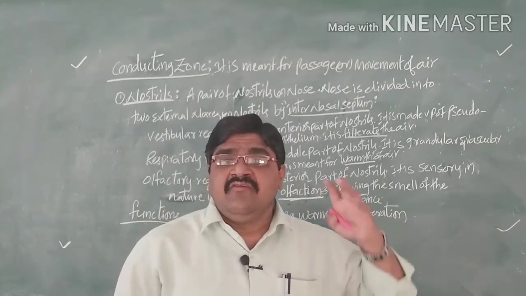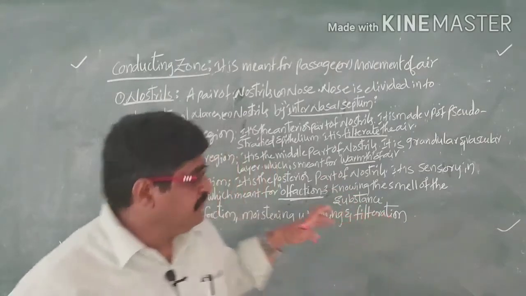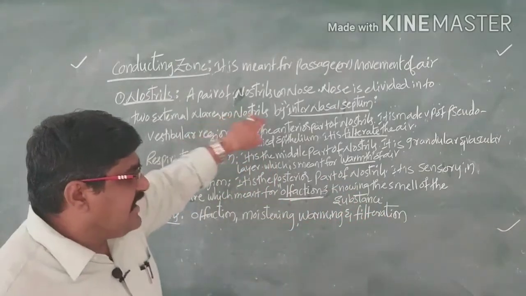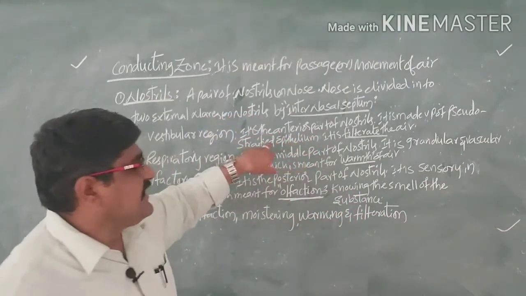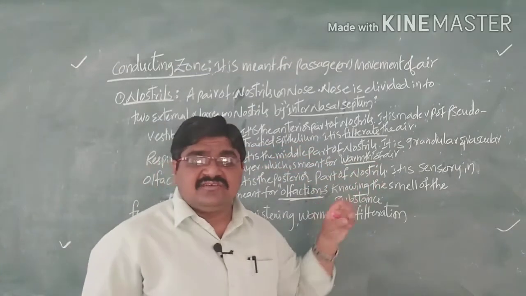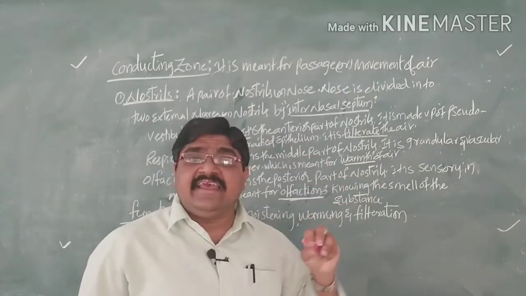Filtration mainly takes place in the vestibular region, which consists of pseudostratified, ciliated epithelial cells.